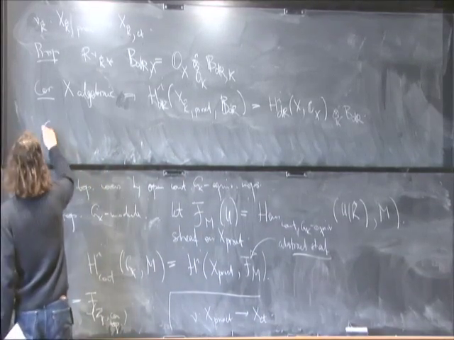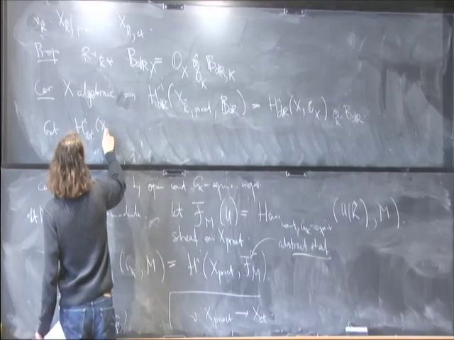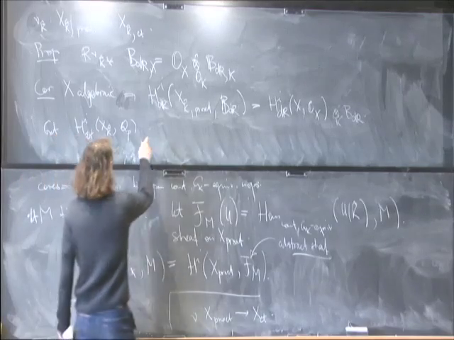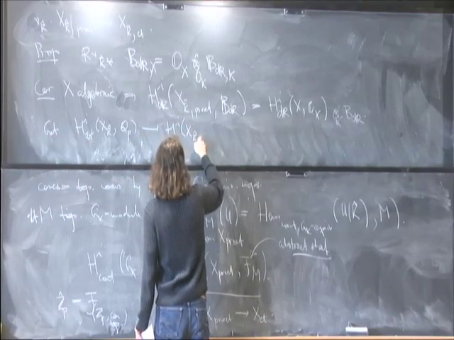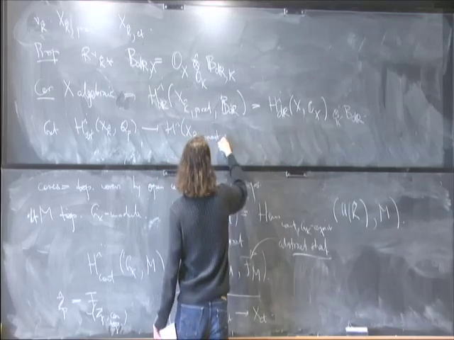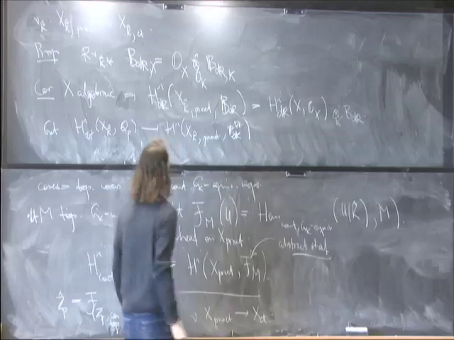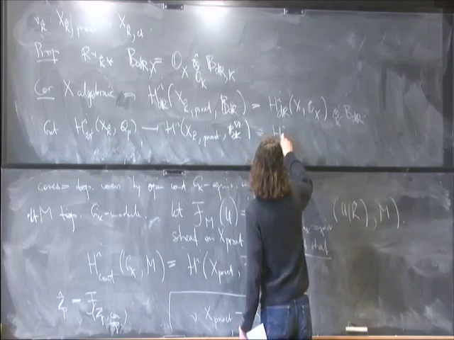And what we get is a map from the étale cohomology of x k bar with coefficients in Q_p to the étale cohomology of this pro-étale thing in this enormous coefficient ring. And now this is isomorphic to the de Rham cohomology.